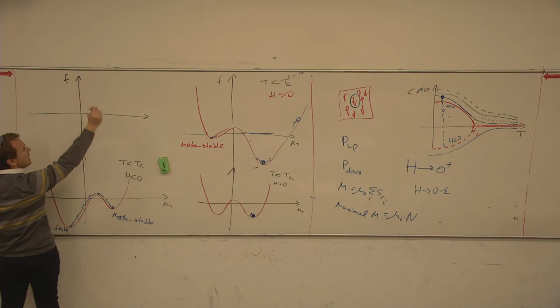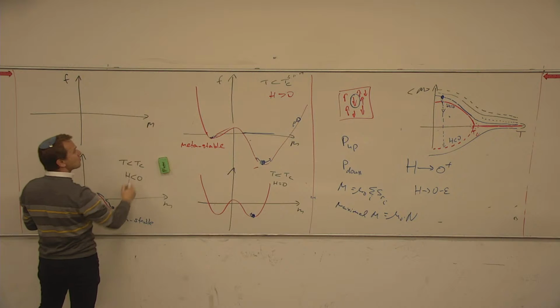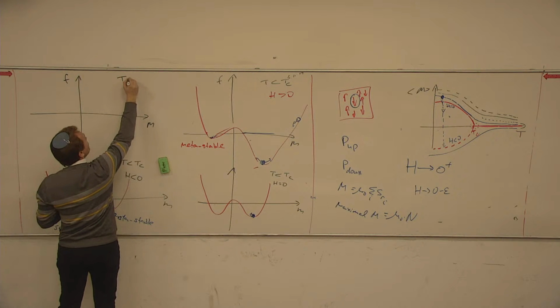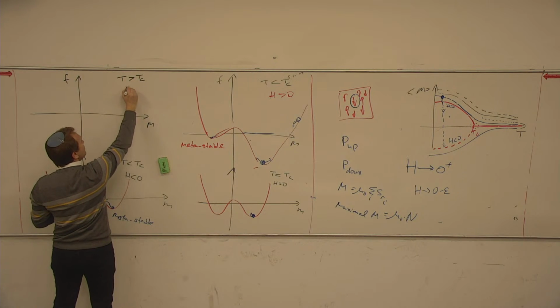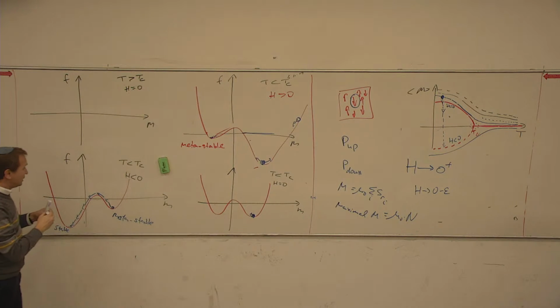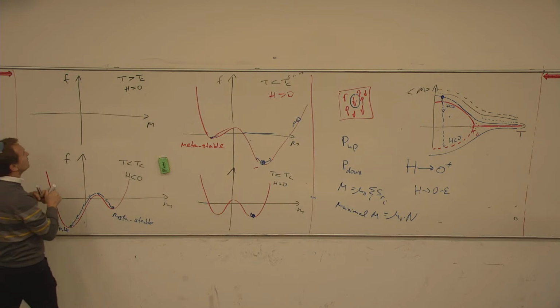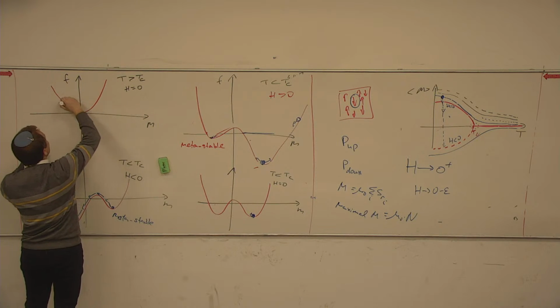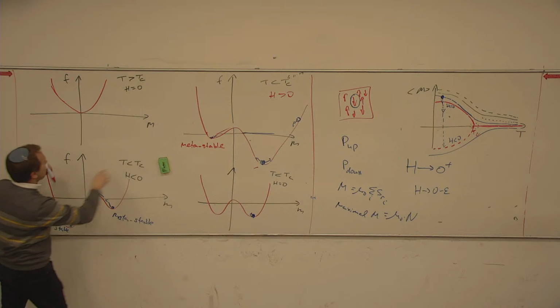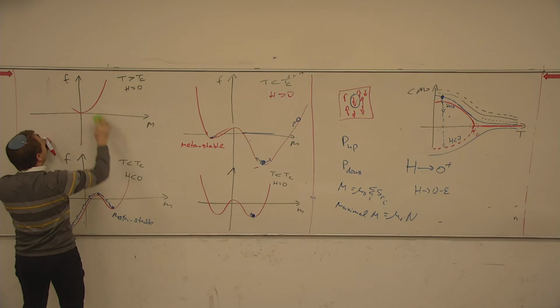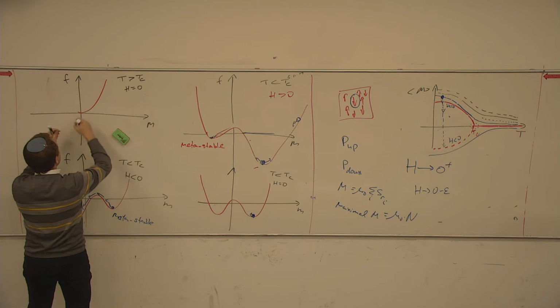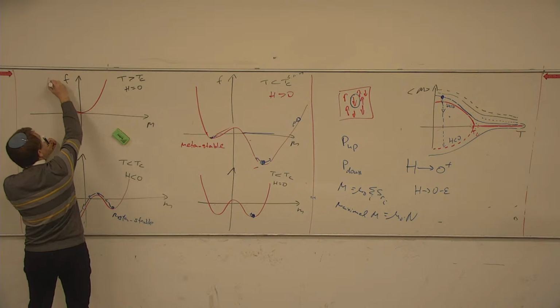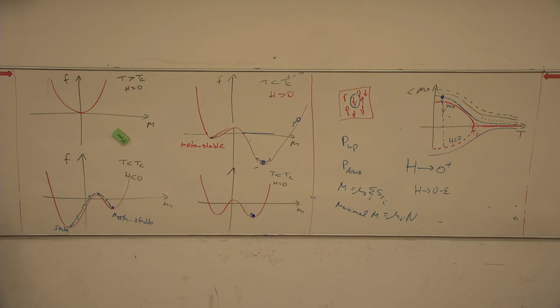So, what is F as a function of M? We are at T above Tc, and we are at H equals 0. So this is a perfectly symmetric parabola. Okay.